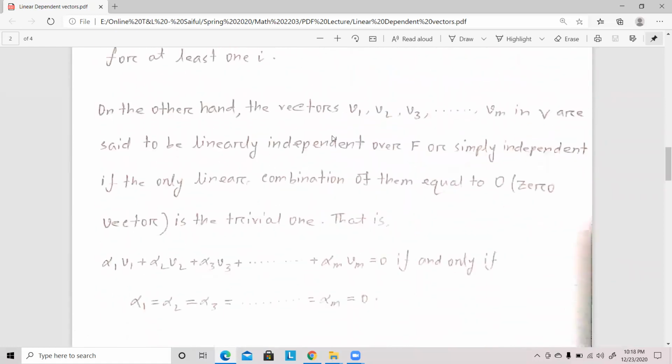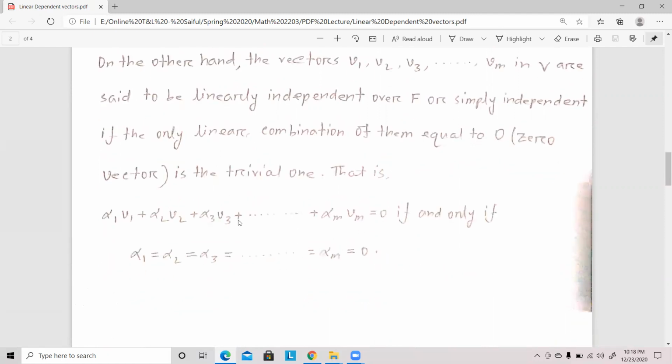On the other hand, the vectors v1, v2, v3, ..., vm in V are said to be linearly independent over F, or simply independent, if the only linear combination of them equal to 0 is a trivial one, that is, alpha 1 v1 plus alpha 2 v2 plus alpha 3 v3 plus ... plus alpha m vm equals 0 if and only if all the alphas are individually 0.